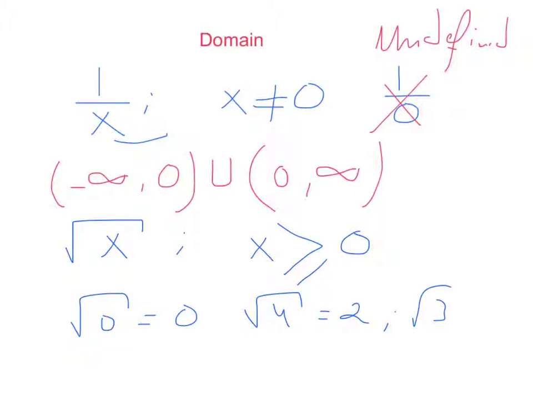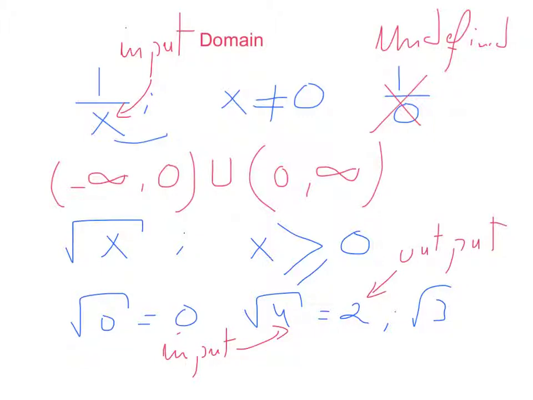By the way, x here is called the input. We're going to discuss this more when we study functions. And the output, for example, the square root of 4 is 2: if 4 is the input, then 2 will be the output. So the point is, if we have a set of input values for which the function is defined, we can have a value of output.